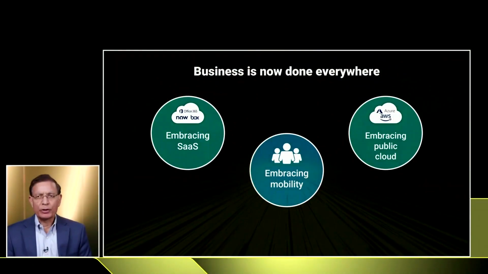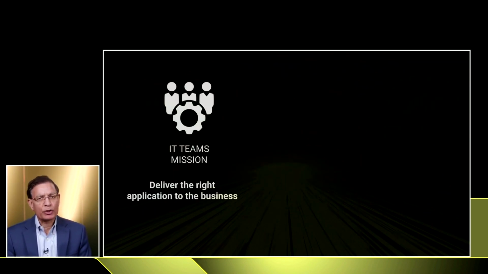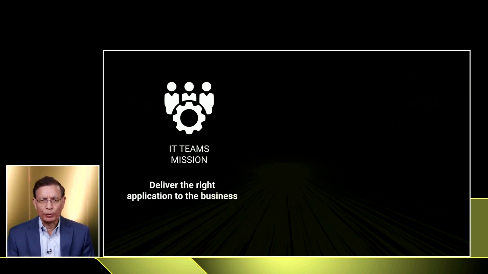IT leaders are driving digital transformation. They are embracing SaaS, public cloud, and mobility. That's changing how security is done. That's changing how networking is done. Every IT team wants to make sure that the user can have access to the right applications.